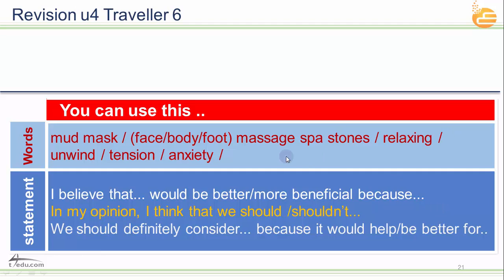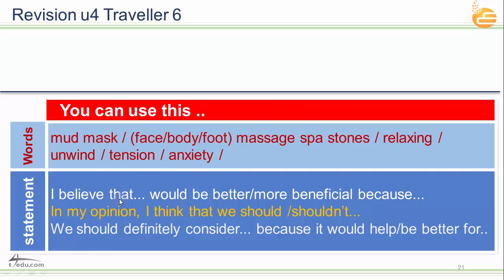So you can use these words to help you, which we just talked about. You can use the mud mask, sometimes we have facial massage for our faces, for your body, for your feet, massage for the spa, the hot black stones, relaxing massage, unwind tension and anxiety.